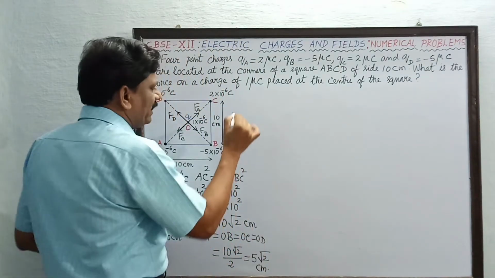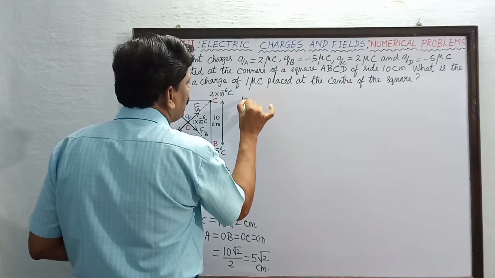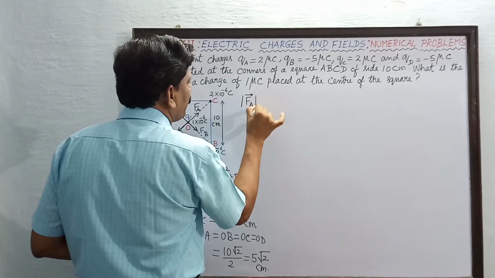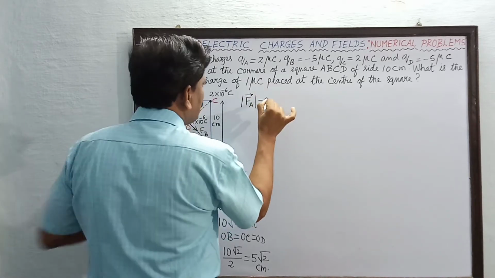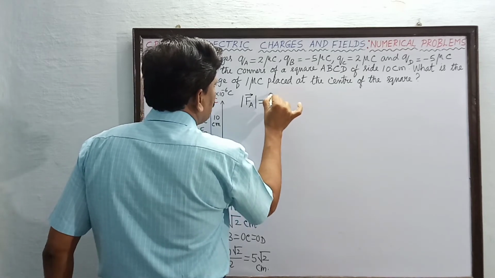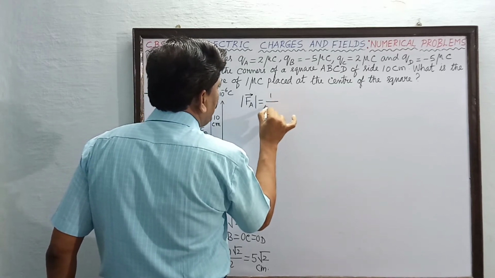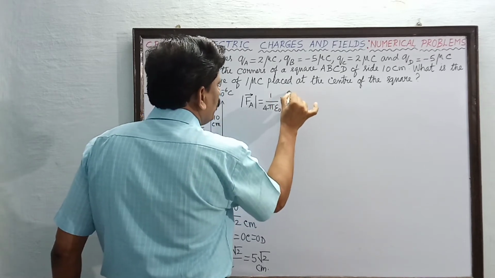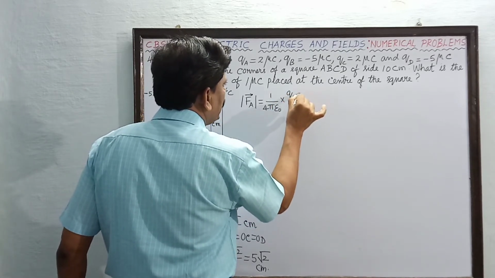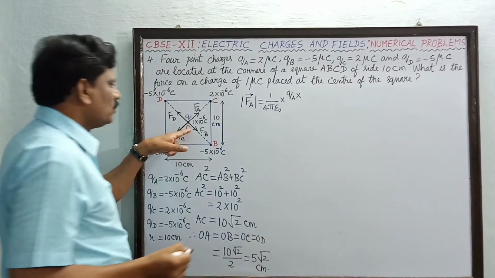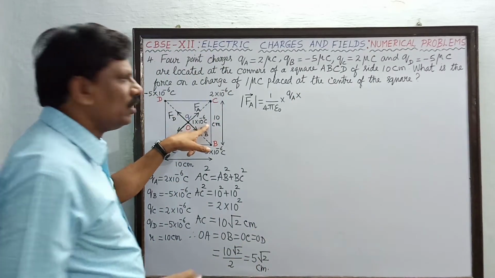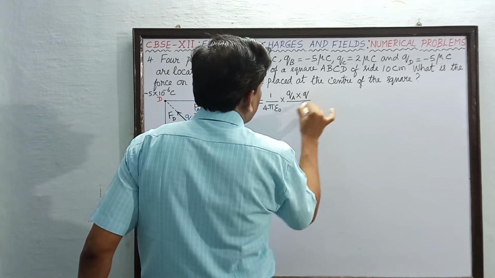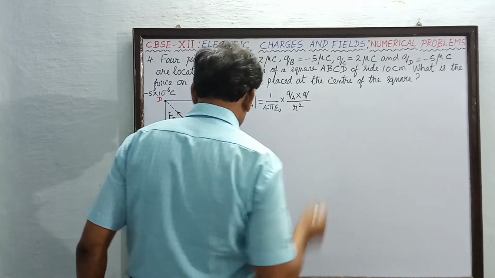The magnitude of the force FA is equal to the constant 1 by 4 pi epsilon naught into QA into Q, which is 1 microcoulomb, divided by R square.